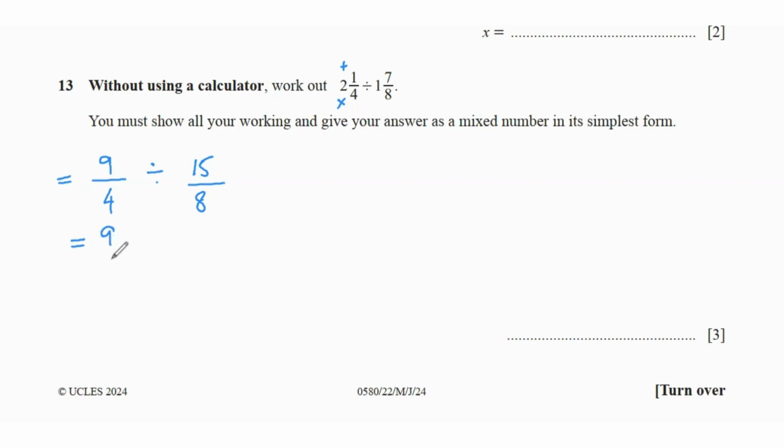So what's going to happen is that it's going to be 9 over 4 times 8 over 15. When we say the word reciprocal, what we mean is that we're flipping the fraction. So when you flip the fraction, we swap the numerator with the denominator and vice versa. So now it's 9 times 8 over 4 times 15. Instead of multiplying the two, I would suggest simplifying the fraction.